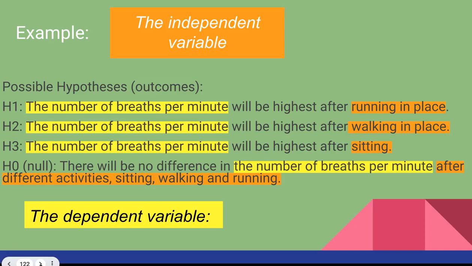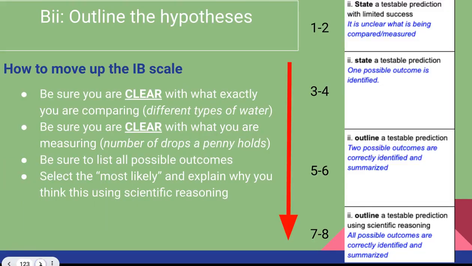Then we also have our null hypothesis, where there will be no difference. So always make sure when you're outlining the hypotheses to be clear with exactly what it is you're comparing. Be sure that you list all of the possible outcomes.